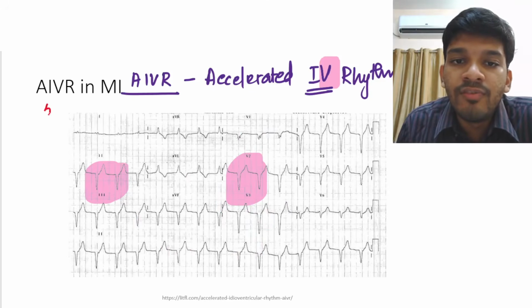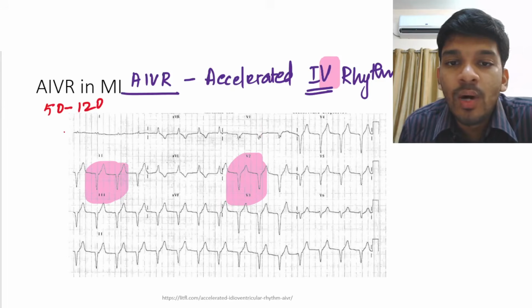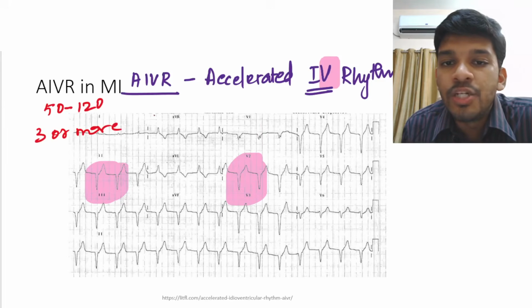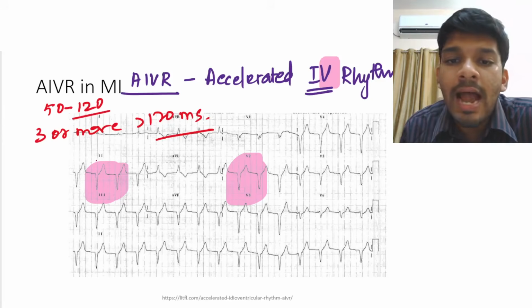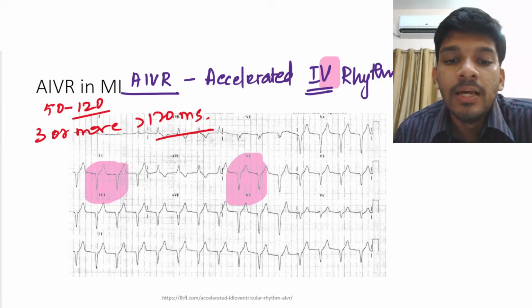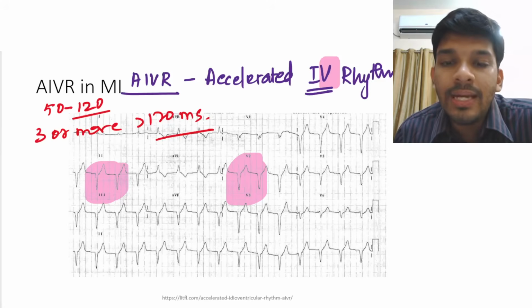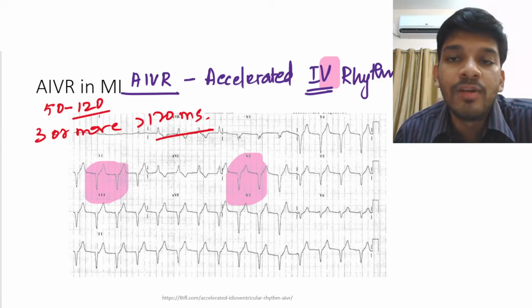So rate between 50 to 120, unlike a VT. QRS complexes are broad. So three or more complexes with duration of more than 120 as is seen in VT, but there is no real tachycardia, at least not beyond 120, and you are able to see fusion and capture beats. This is considered to be due to enhanced automaticity of the ventricular pacemaker.